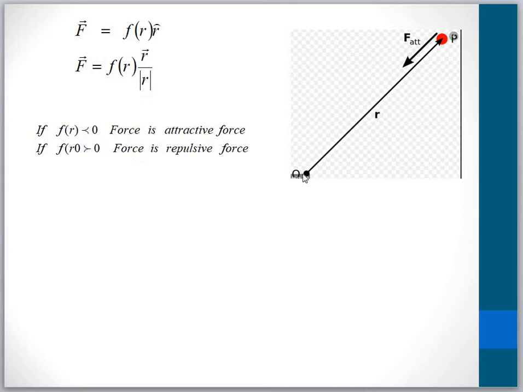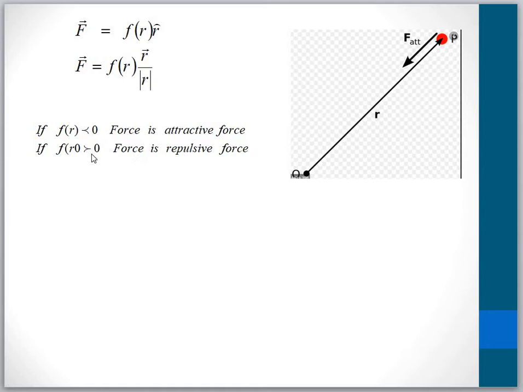Suppose this is the origin and the point P, so the force is directed away from the center or directed towards the center. If F of R is negative, the force is an attractive one. If F of R is less than 0, the force is an attractive force.